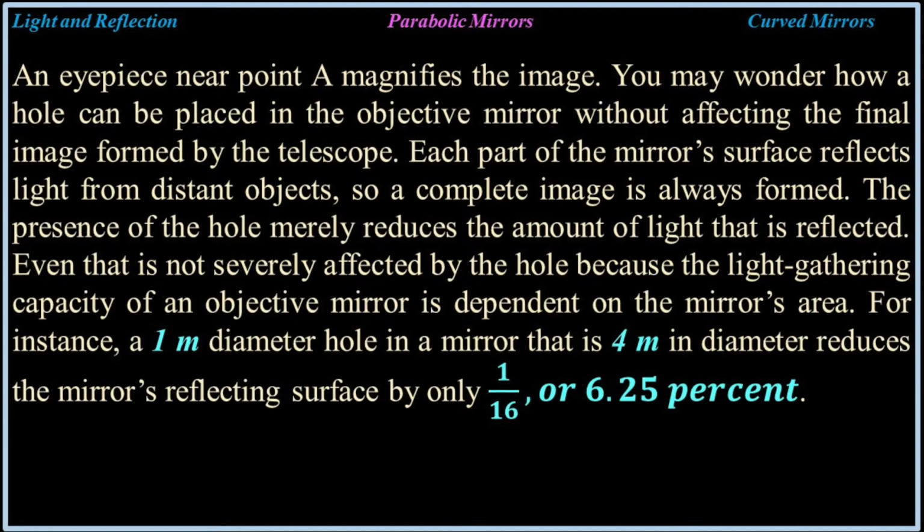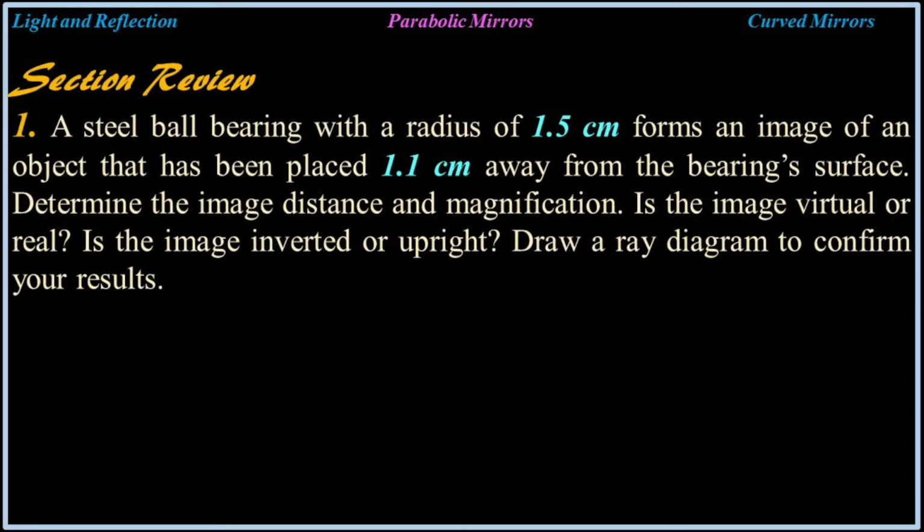Even that is not severely affected by the hole because the light gathering capacity of the objective mirror is dependent on the mirror's area. For instance, a 1 meter diameter hole in a mirror that is 4 meters in diameter reduces the mirror's reflecting surface by only 1/16 or 6.25%.